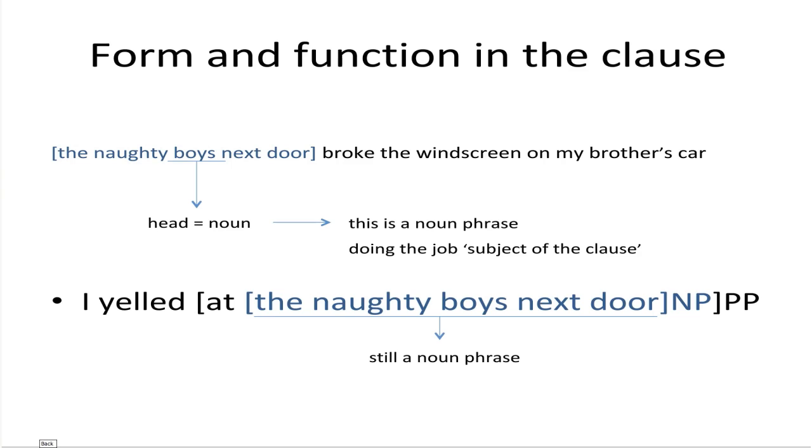But it's not a subject anymore if we take it out of the clause, because it has to be a subject of something. It's only a subject if it's doing that particular job in a clause. In this case here, it's doing another job. It's being the post modifier in a prepositional phrase.